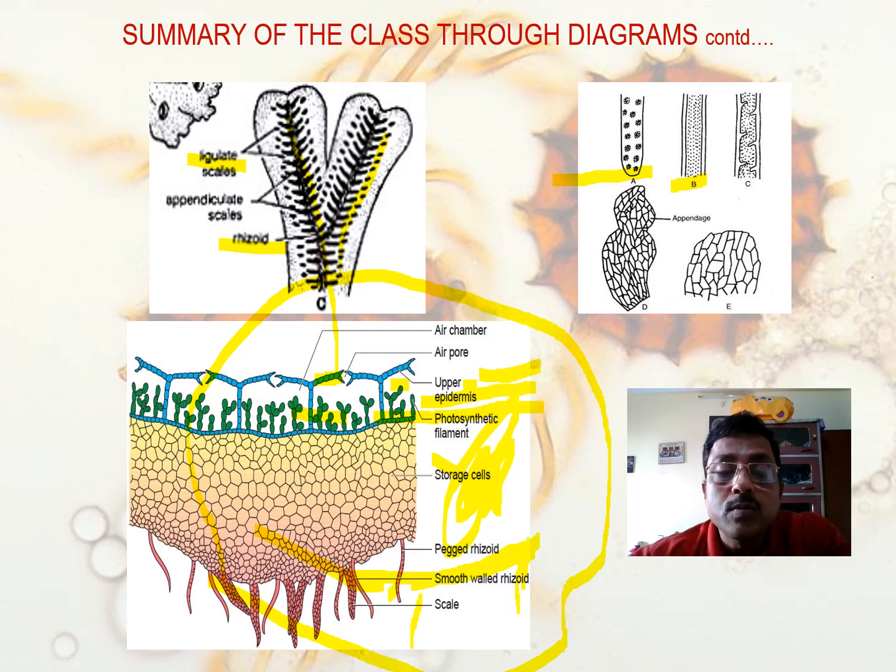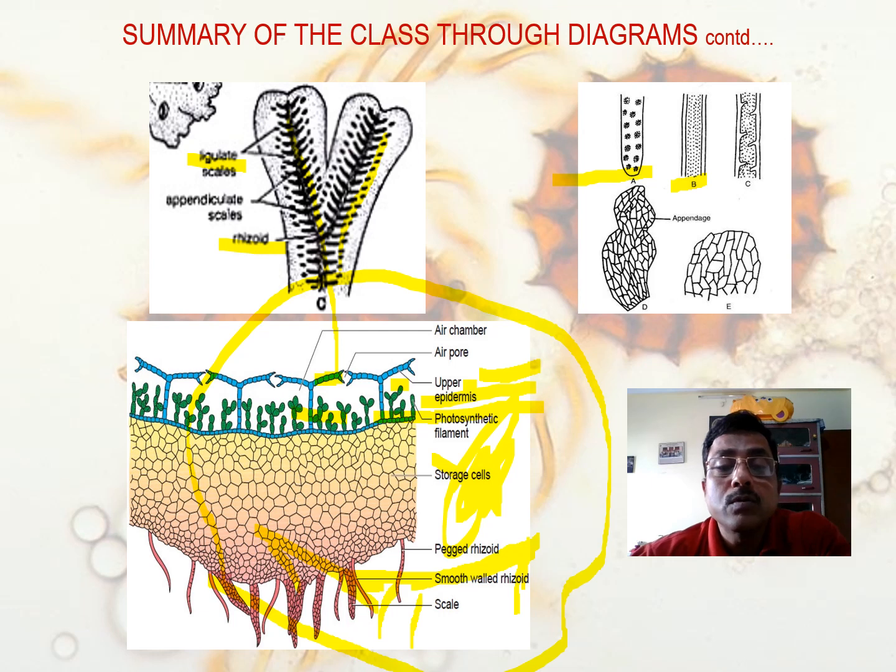So this is the smooth wall rhizoid, and this is the tuberculate rhizoid. And from the margin of the thallus, on the ventral side, the scales originate. So this is all about the epidermal region of the thallus.